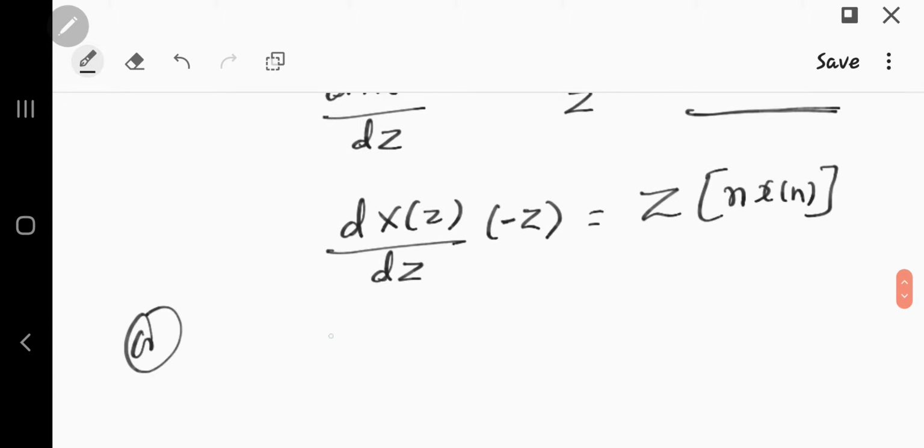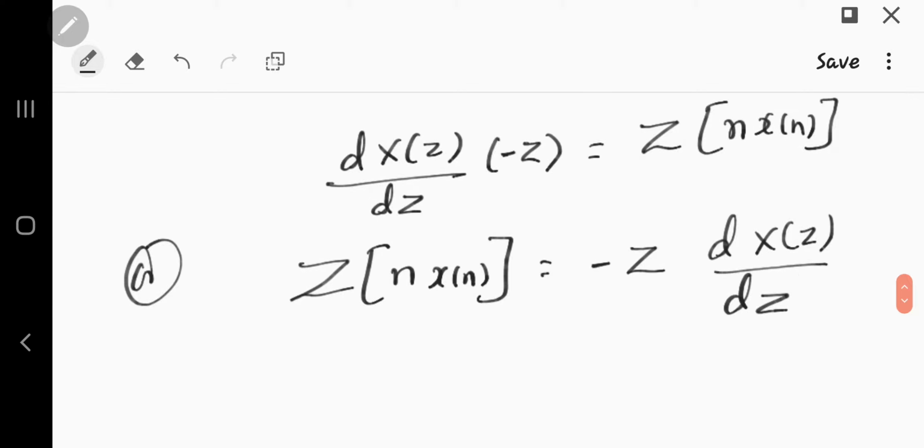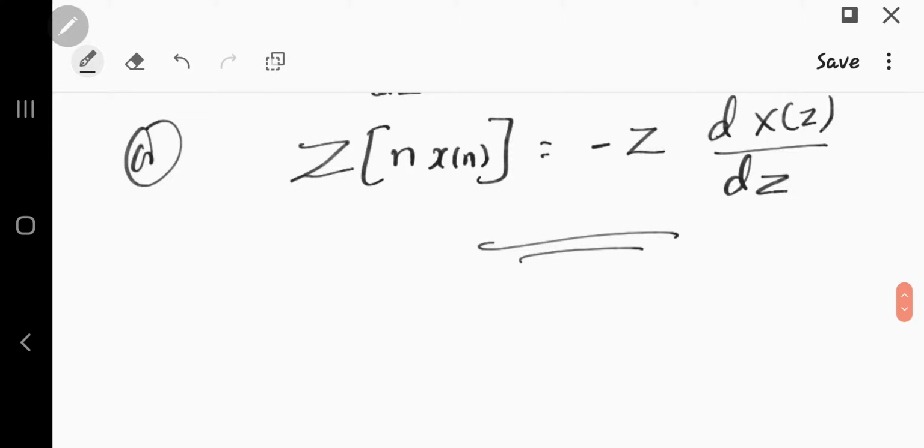Or I can write it in a proper way: z transform of n into x of n is equal to minus z times the differentiation of x of z. Hence the proof for differentiation.